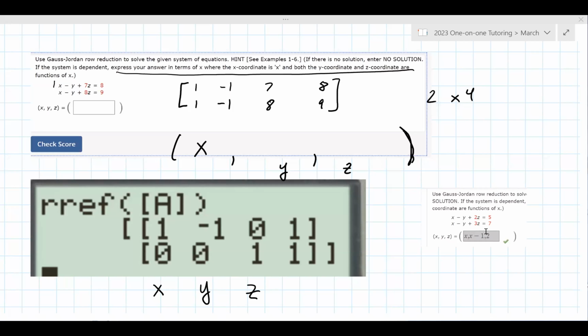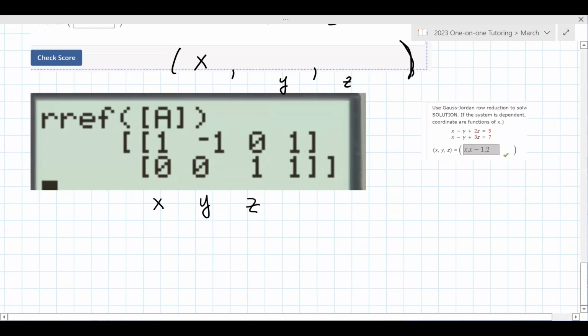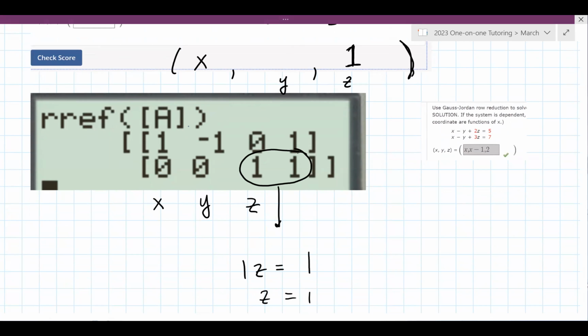Okay, so the way that this is working is the last row here, this 1 1 here, if you're seeing that, what that means is 1Z equals 1, or basically Z equals 1. That's what you're populating in the last spot here. Now the Y is really complicated. We have to grab it from the first row here.